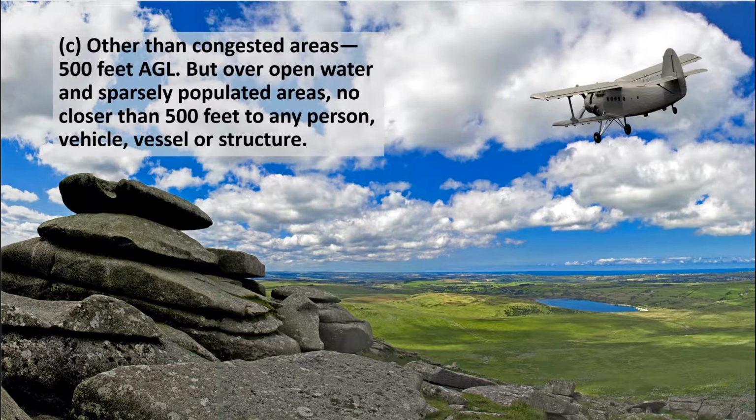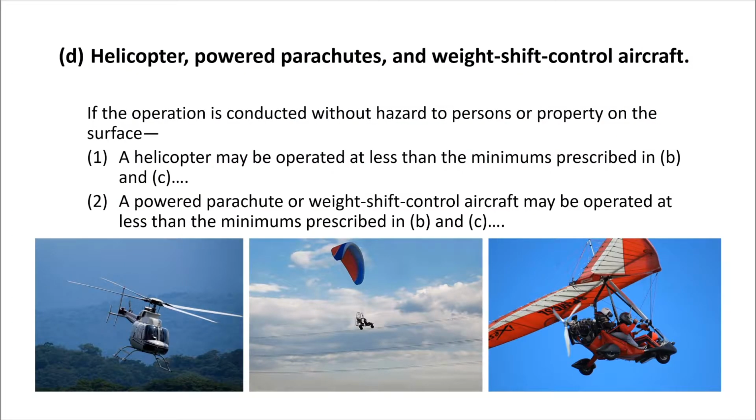And in sparsely populated areas, aircraft can be flown no closer than 500 feet to any person, vehicle, vessel, or structure. Pilots flying helicopters, powered parachutes, or weight shift control aircraft can fly lower and closer than 500 feet if they can do so without creating a hazard to people or property on the surface.